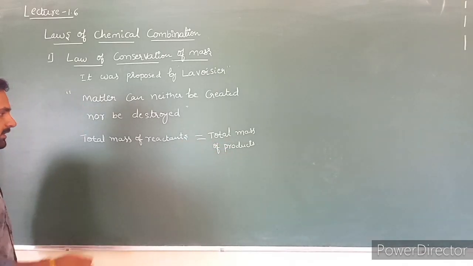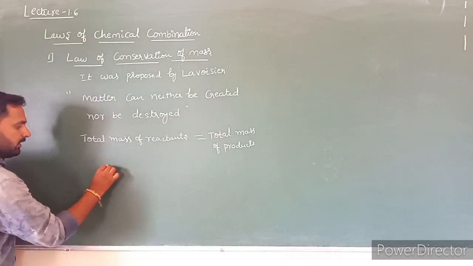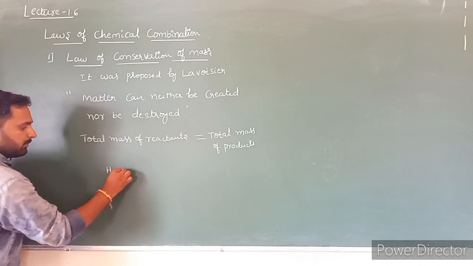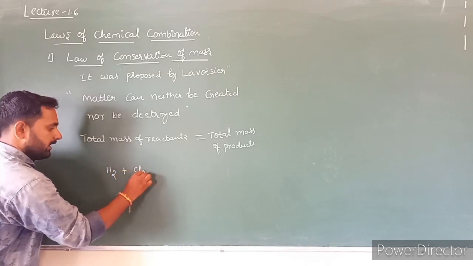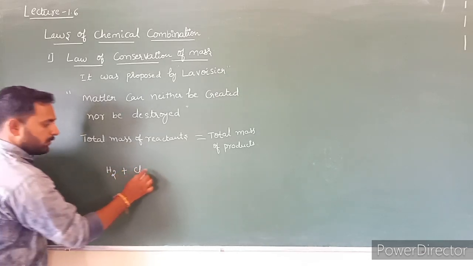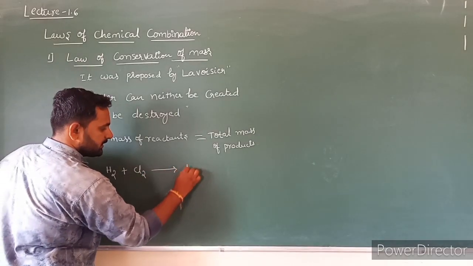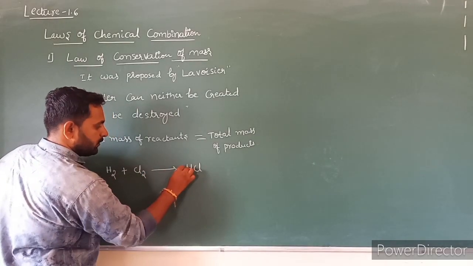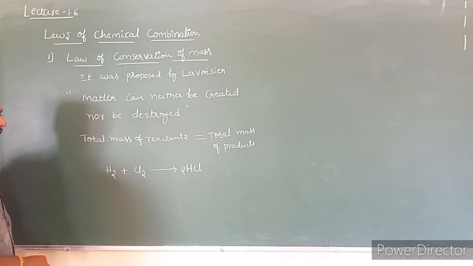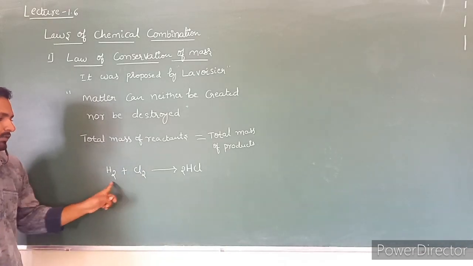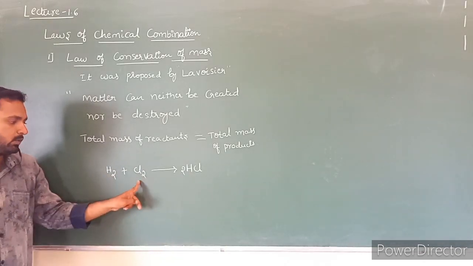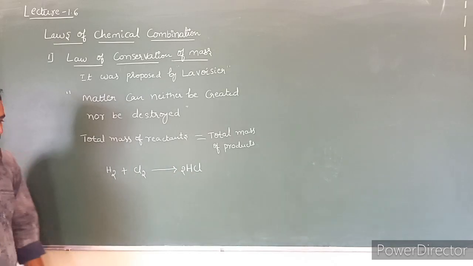Let us take one example. Hydrogen plus chlorine. Hydrogen combines with chlorine and it gives HCl molecule. 2 HCl molecule. Now it is balanced. Here 2 hydrogens, here also 2 hydrogens, here 2 chlorines, here 2 chlorines.